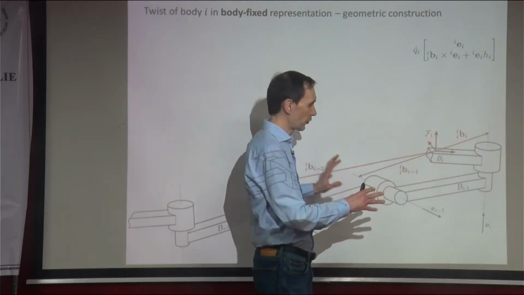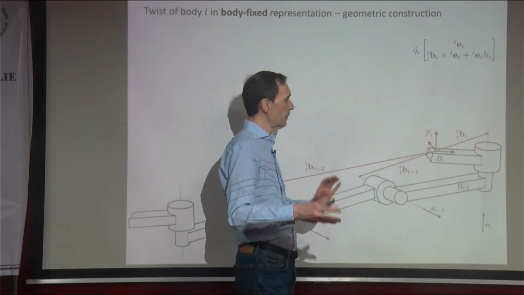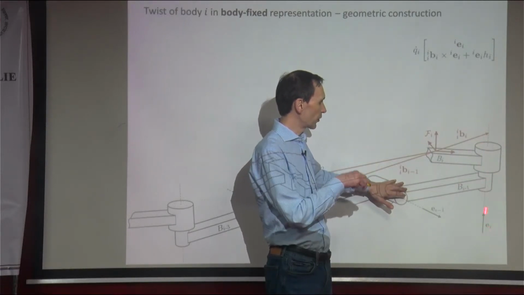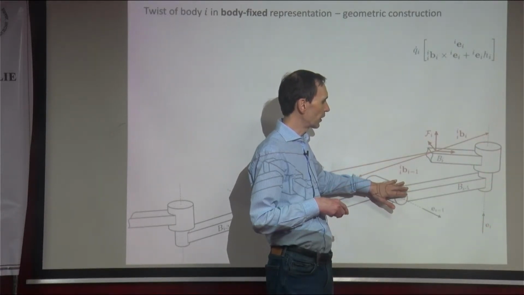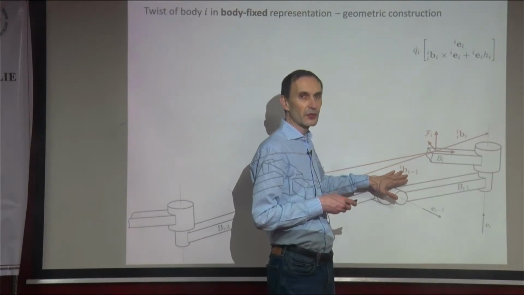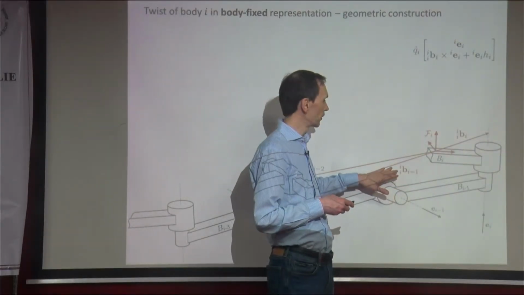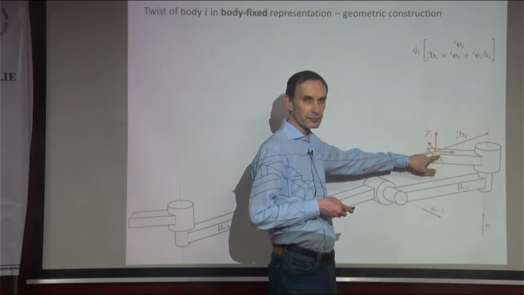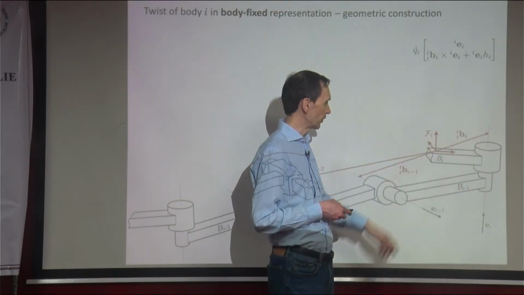So we have a certain pose, this is all frozen, and the only thing we are doing is rotating about the last joint axis. And now the good question is, what's the velocity, I mean the twist, of this frame, which means of this body, due to the motion of this joint?